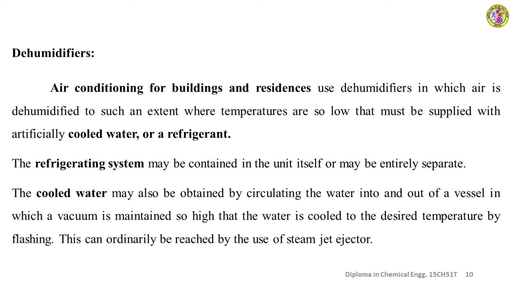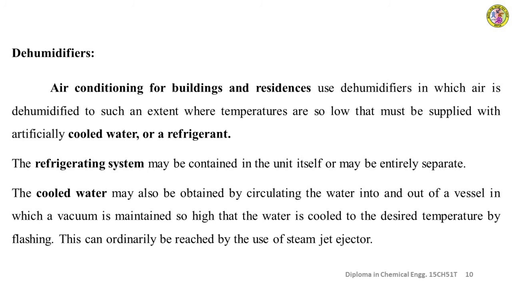So this is the application of air conditioning for buildings and residences. These places use dehumidifiers in which air is dehumidified to such an extent where temperatures are so low that it must be supplied with artificially cooled water or refrigerant. So in case of air conditioning, the air requires to be reduced to below a certain very low temperature.